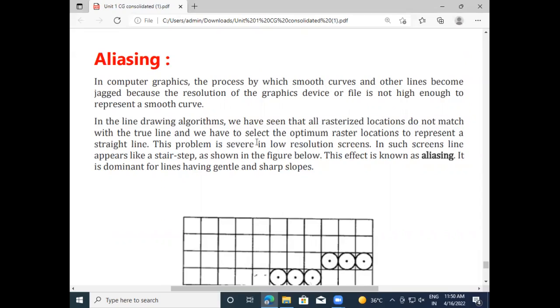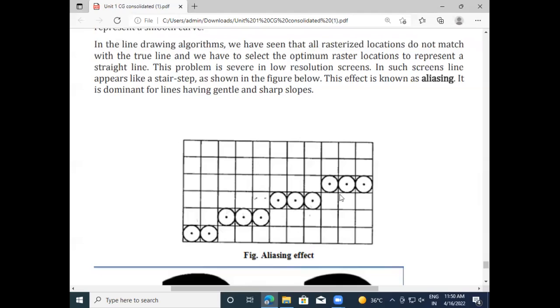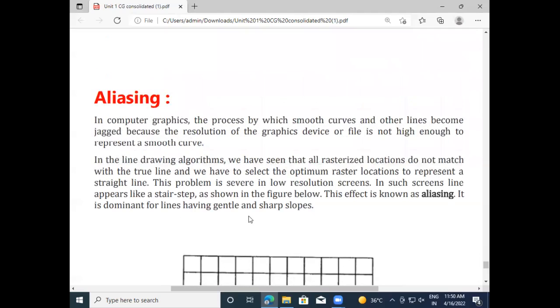Jagged is nothing but this, because the resolution of the graphics device or the file is not high enough to represent smooth curves. Okay, smooth curves cannot be represented at all here, just because there is a gap between the pixels. Okay, so what could be the solutions? High resolution we have to use. Then uneven brightness we have to reduce. The picket fence issue should get resolved.